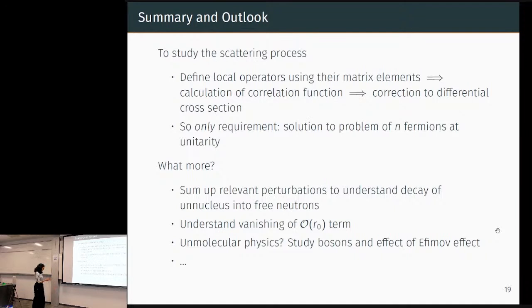And just to come back to the point of bosons, it would be interesting to see if there is a notion of unnuclear physics where, instead of looking at fermions, we look at bosons. Something interesting in the case of bosons is that you cannot have 3 bosons at the same point, so you have to introduce a regulator in your problem to make sure that doesn't happen.